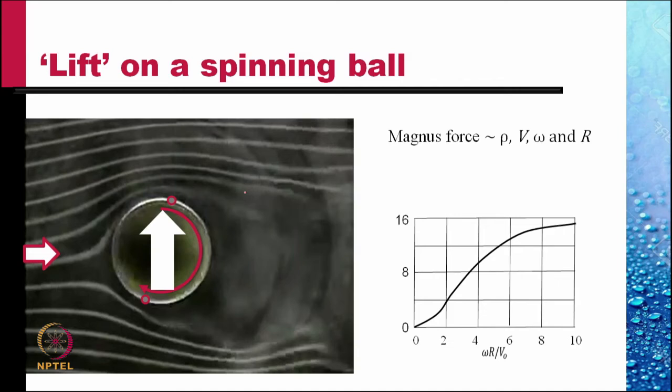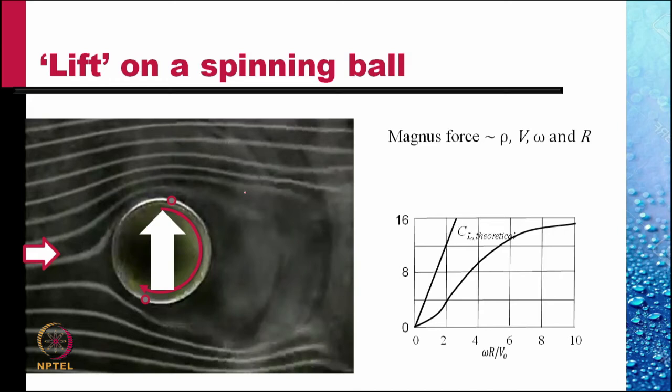We had seen that the lift coefficient varies with omega r by v naught. Omega r is the surface velocity of the ball and v naught is the free stream velocity. The lift coefficient varies as shown.